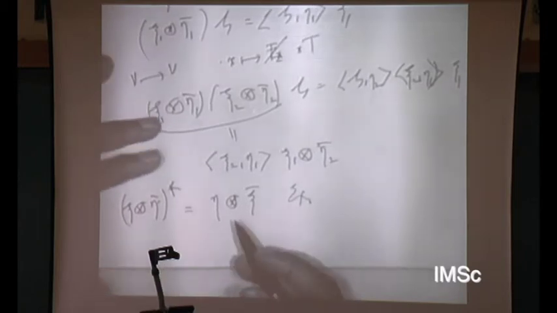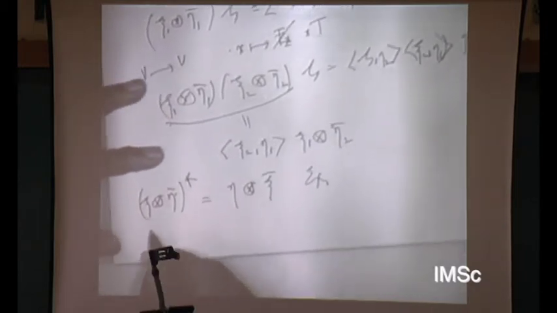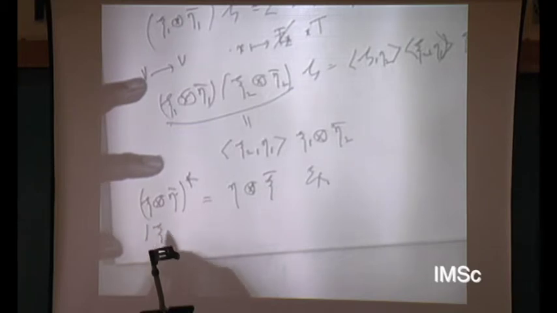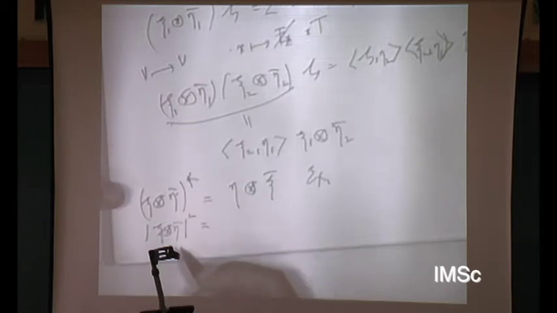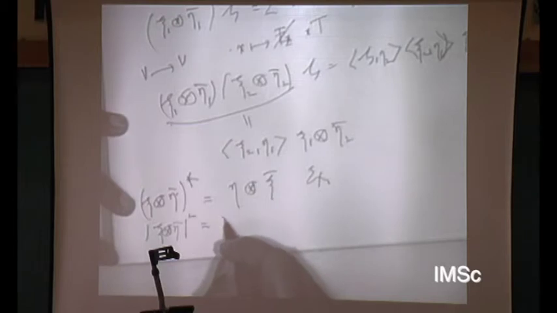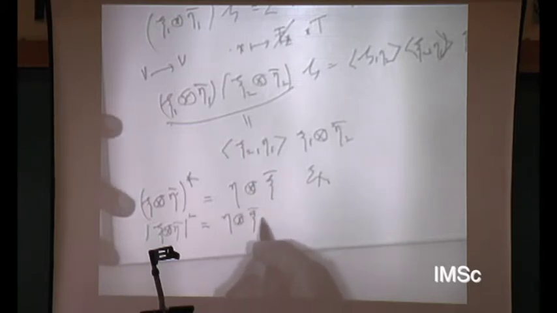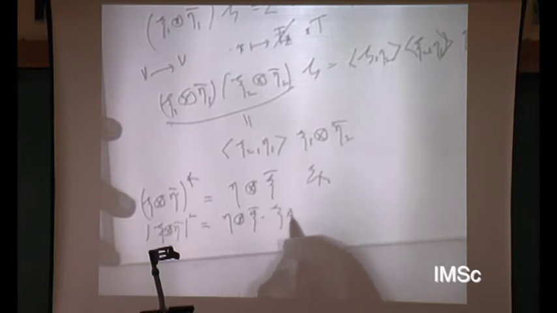Okay, so if you take mod psi tensor eta bar squared, that is this star this. And this is eta tensor psi bar times psi tensor eta bar.